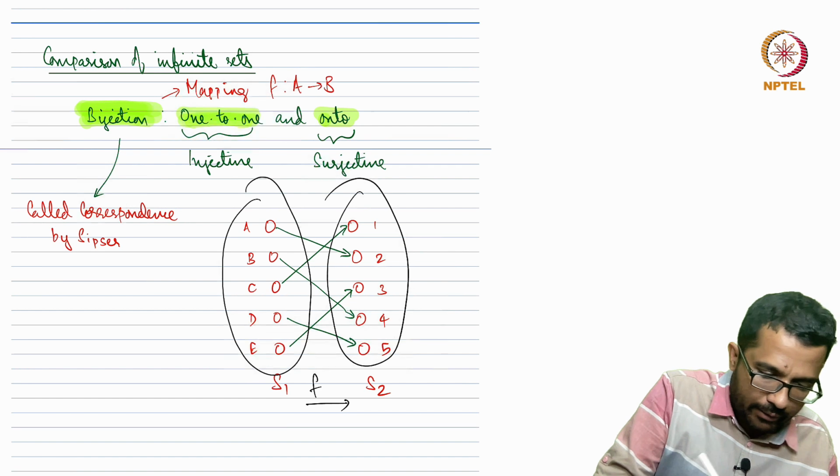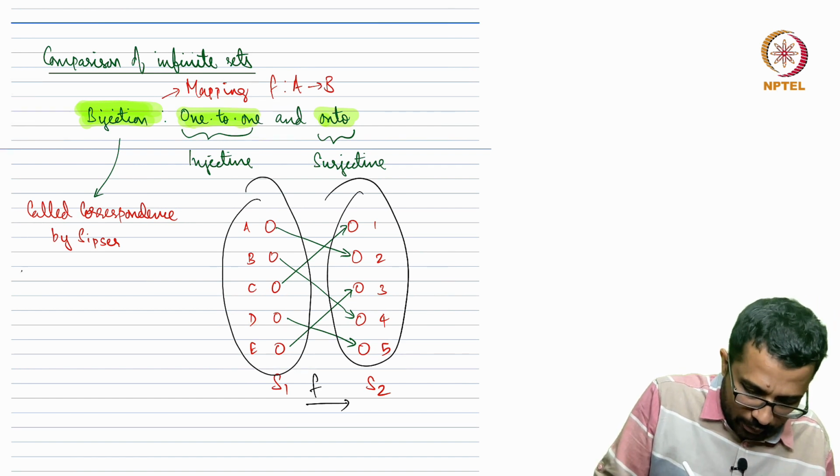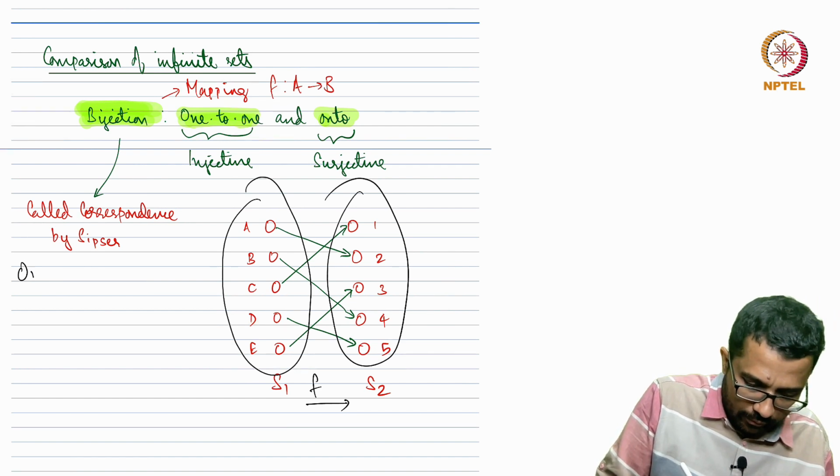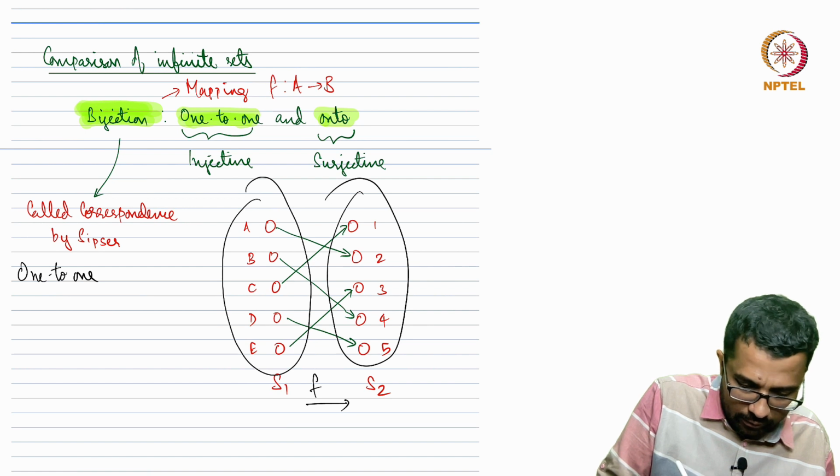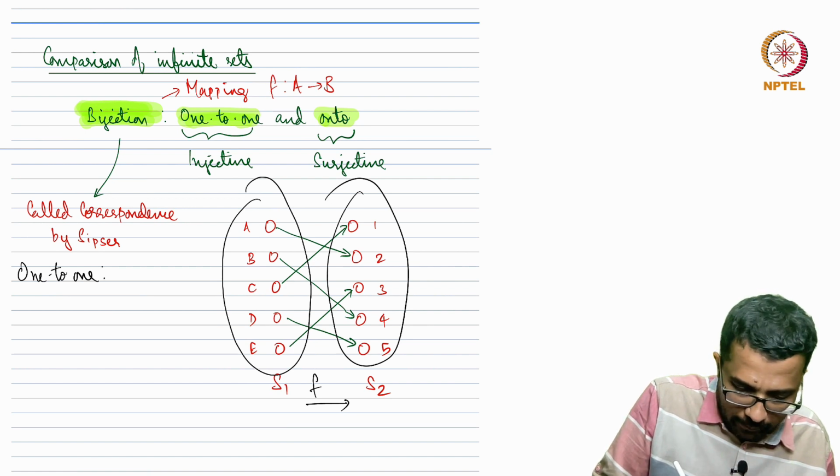So maybe I'll just define it very briefly. One to one means f(x) is not equal to f(y) if x is not equal to y.